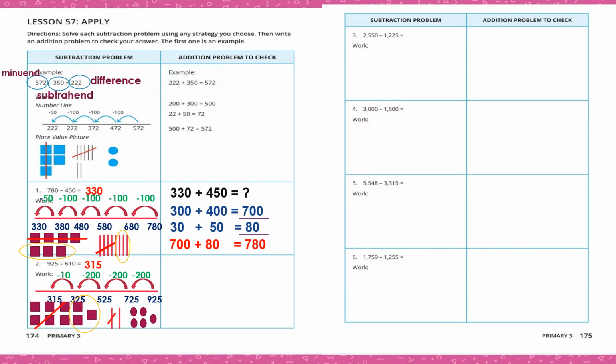And 10, it means cancel 1 stick. 0 in ones, I don't cancel anything in the ones part. Okay, the remainder of the big squares, we have 3 and 1 stick and the dots as it is. So the difference equals 315.